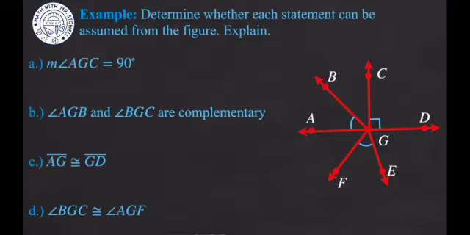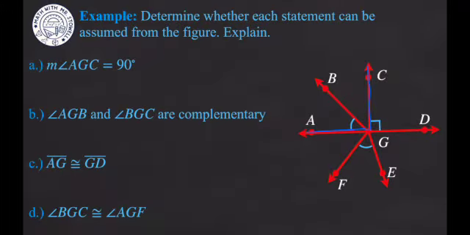Measure AGC. Measure A to G to C. So this is our angle right here. Can we assume that that's 90 degrees? Well, based off of information given to us, we can, because we have information. Notice we are given that this angle is perpendicular.